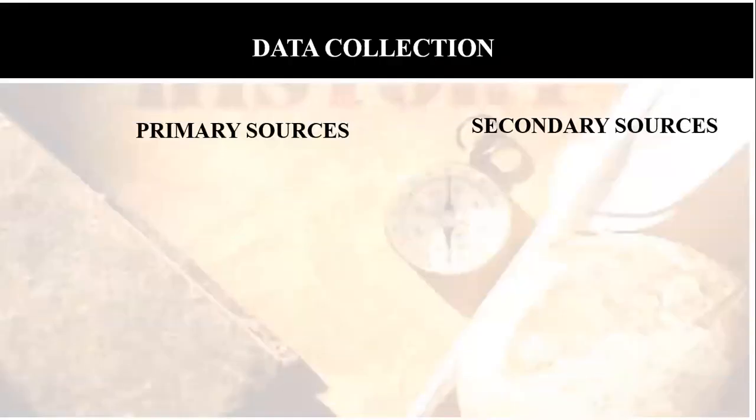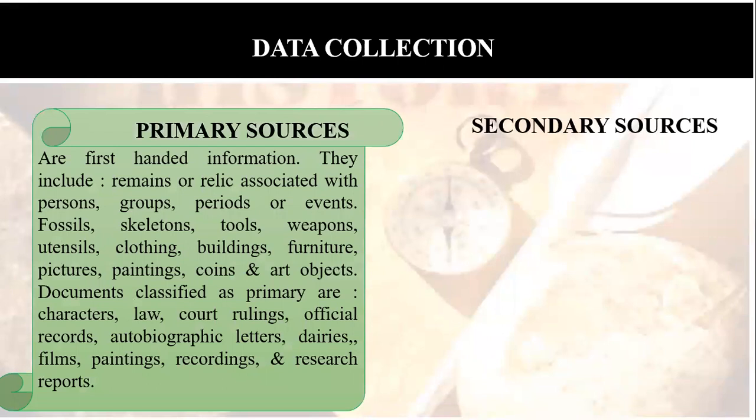So what is meant by primary source? Primary source means first-hand information, the information we take from a person who is an eyewitness, right? Whenever an accident happens or a plane crash happens, the police investigate the eyewitnesses or nearby people who are working there, right?